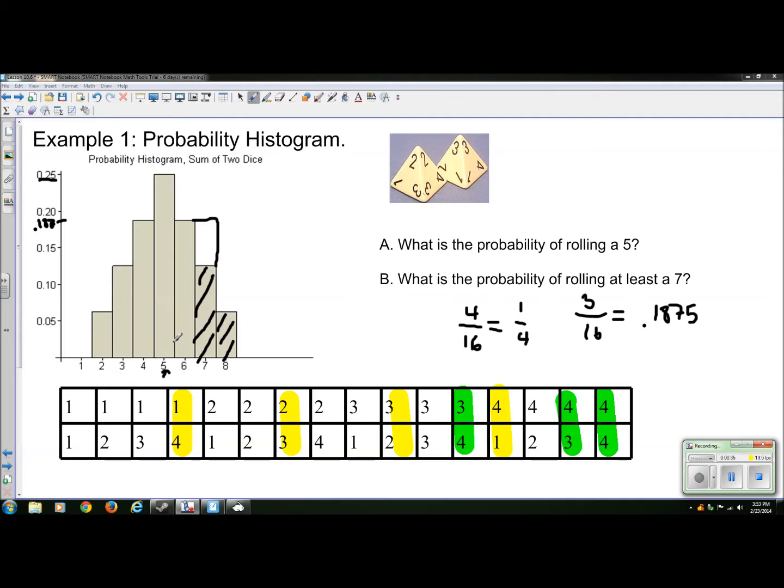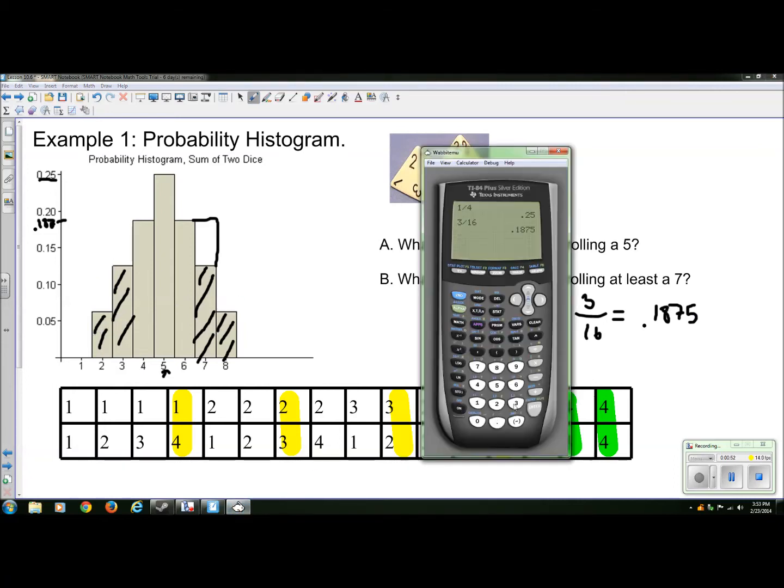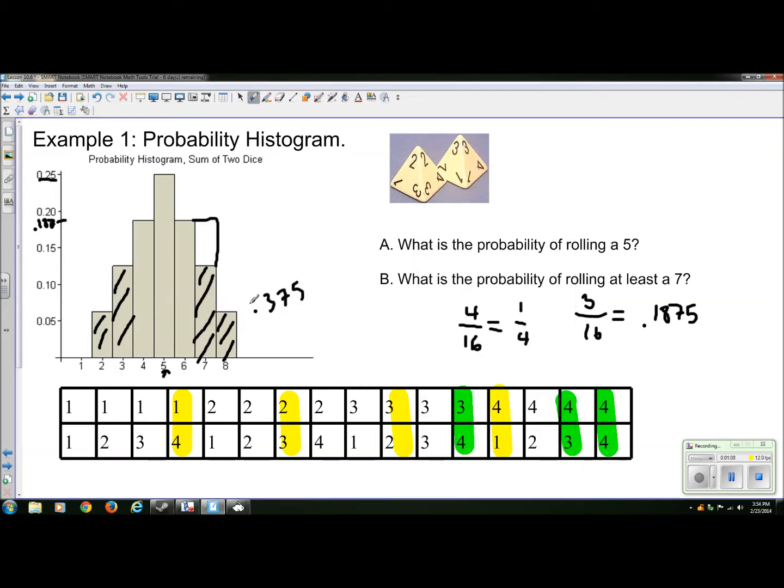And the probability of getting a 2 is the same as the probability of getting an 8. So I can lump these guys together with these guys, and I know that that's 0.875, so that must be 0.1875. If I put those together, or in other words multiply that by 2, I get 0.375, the stuff that I've shaded in already.